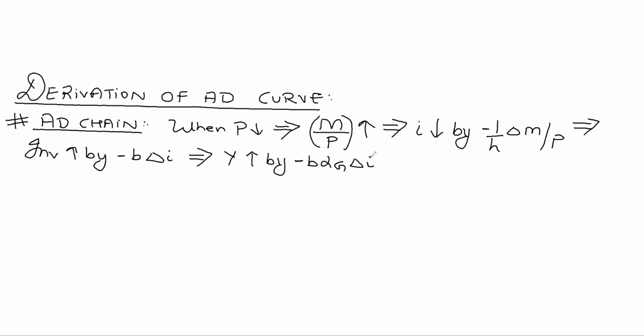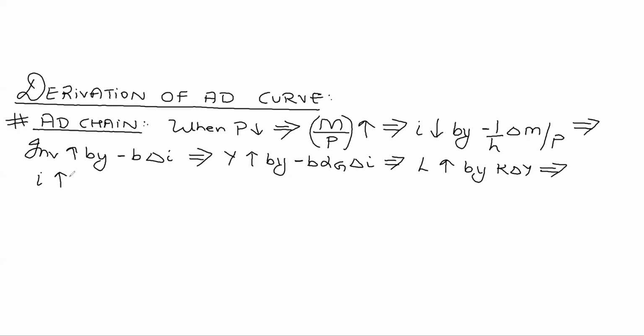When output increases, money demand increases by K change in Y. When money demand increases, interest rates will increase. When there is excess money demand in the economy, the banks will increase the rate of interest so that the public starts keeping money with the bank.